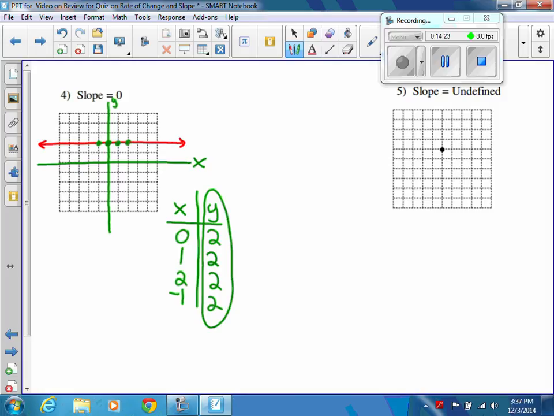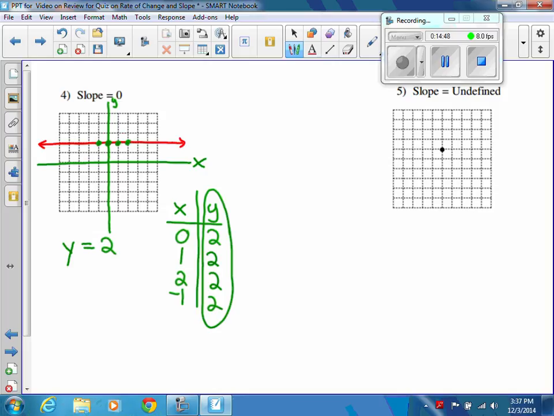They might ask you to draw the line when y is equal to 2. That means no matter what the value is for x, your y is always going to be 2. If your y is always a certain number, you're automatically getting a horizontal line.